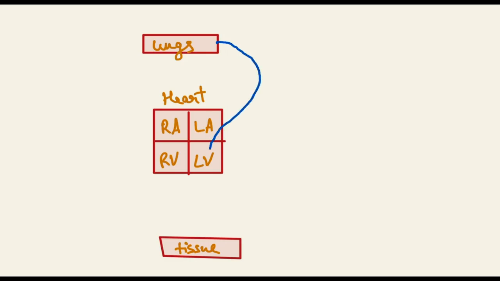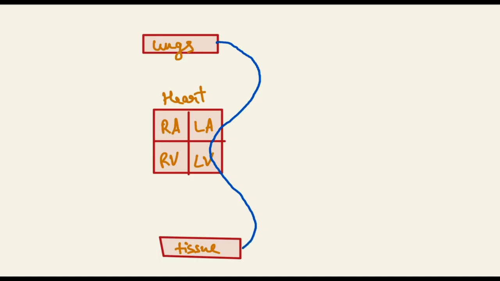Assume that this is lungs and this is heart and this is tissues or cells or organs. You can take anything as you like. So heart, first when we breathe, the oxygenated blood goes from lungs to heart and then from heart to tissues, organs.